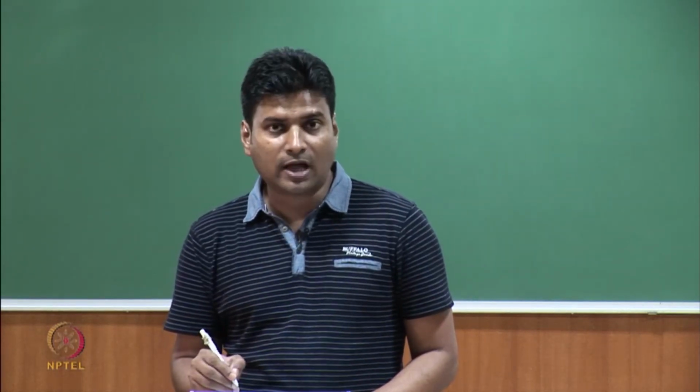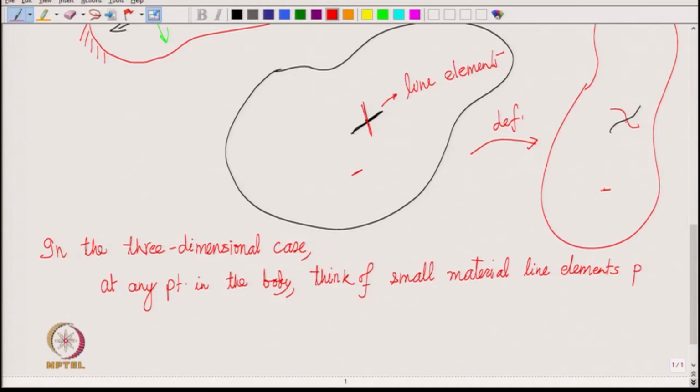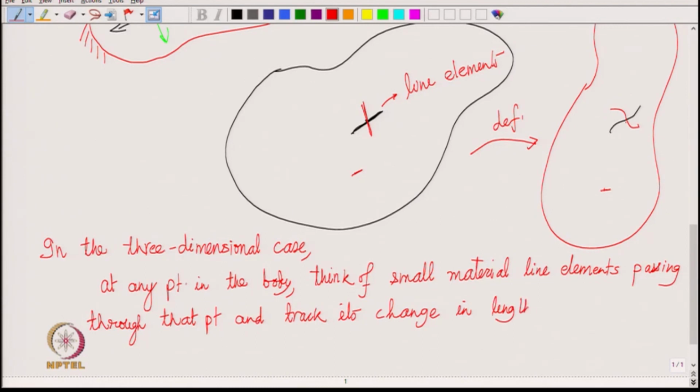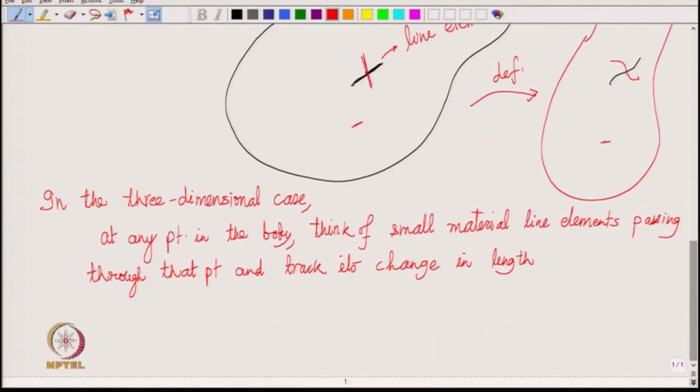Think of small material line elements passing through that point. And track its change in length. And with this way we can then define strain at any point in the body.